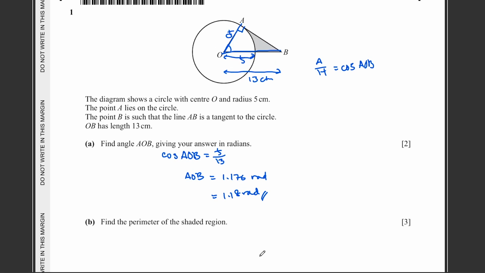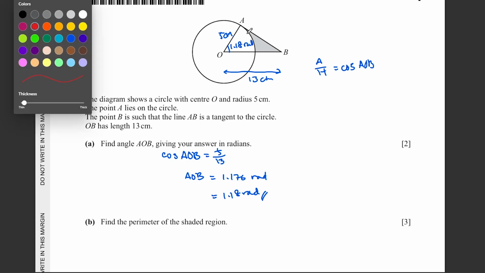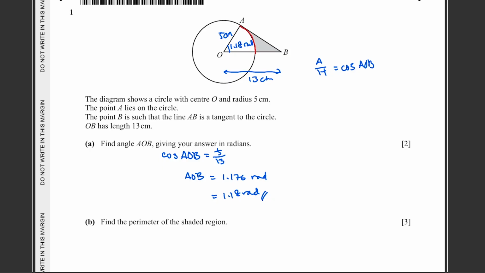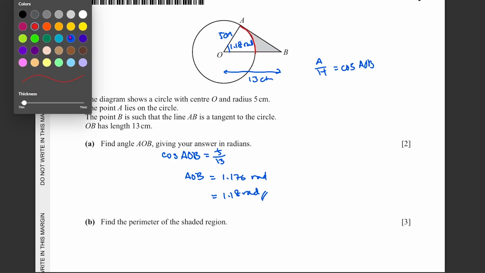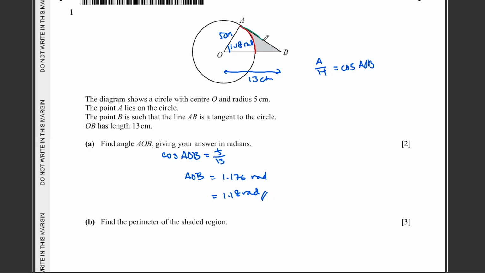Next, find the perimeter of the shaded region. Maybe we can label the 5 cm back, and also label the angle here, that's 1.18 radian. We need to find the arc length, the side AB, and this extended length of B. This length we know already because the radius is 5 cm, so this one will be 8.